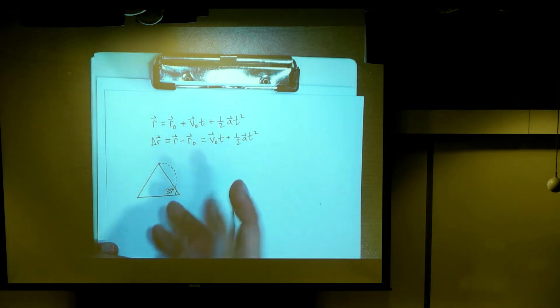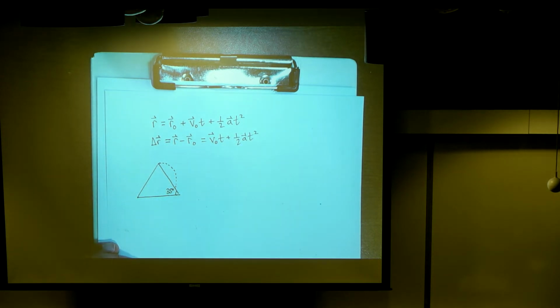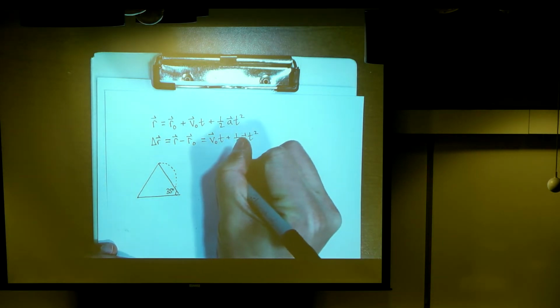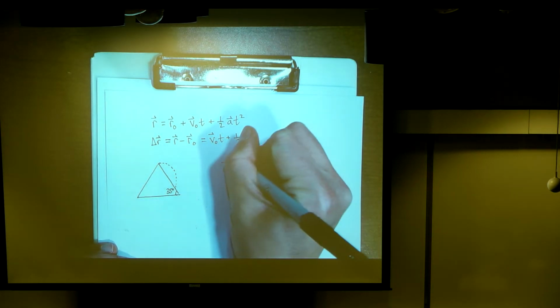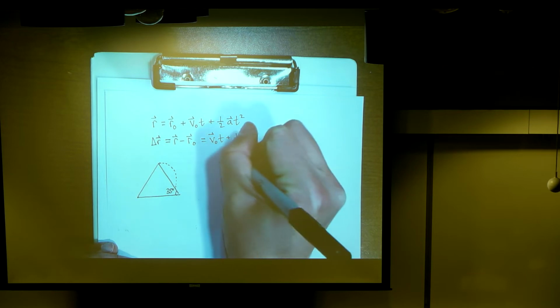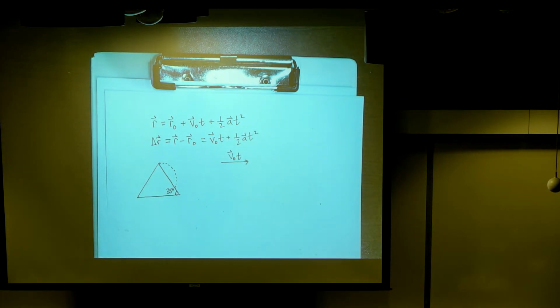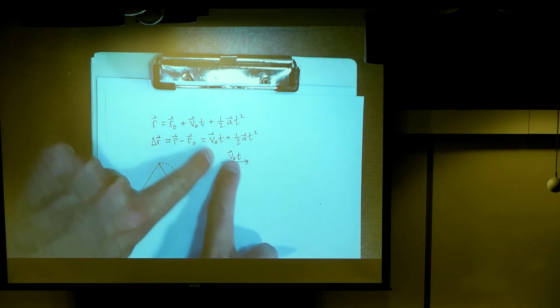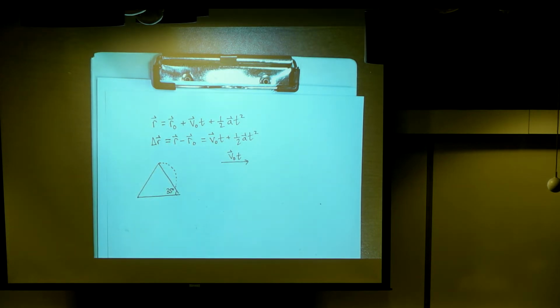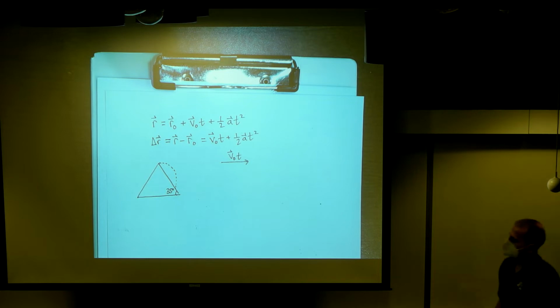Remember, we throw this pebble just completely horizontally. So my v0 vector is going to be completely horizontal, and it's just going to be multiplied by some time, okay? So what I'm showing you is v0 t as a vector on a diagram. Okay, does that make sense?